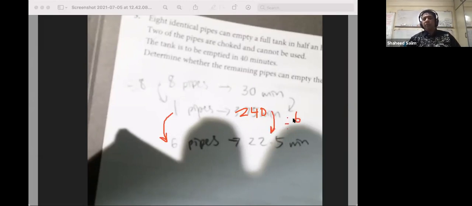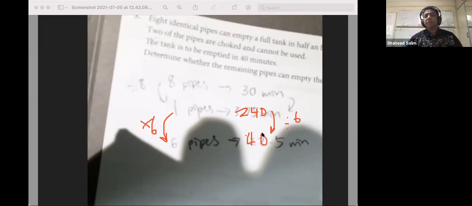Okay, you get it? So now what's the answer? Okay. 40 minutes. So it can be done in 40 minutes. The question is saying, determine whether the remaining pipes can empty the tank in 40 minutes. Yes, it can. And this is proven.